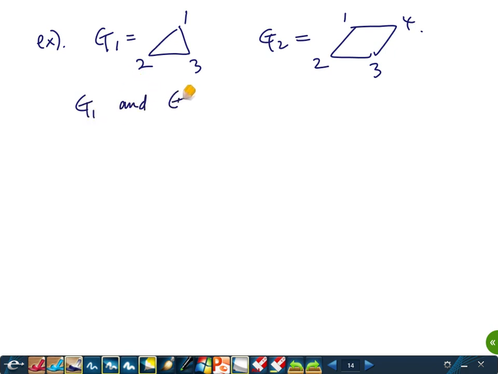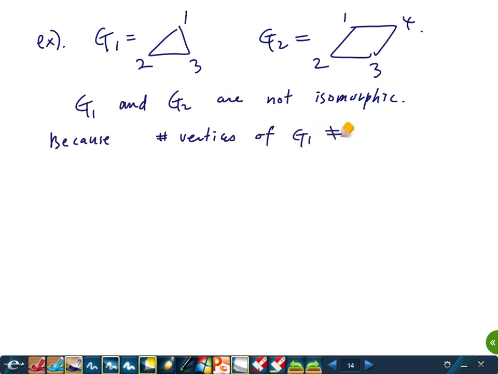G1 and G2 are not isomorphic because the number of vertices of G1 is not equal to the number of vertices of G2, right? Here it is 3, this is 4. But we know that the number of vertices is an invariant, meaning if they were isomorphic, they would have the same number of vertices. So you can immediately say that they are not isomorphic.